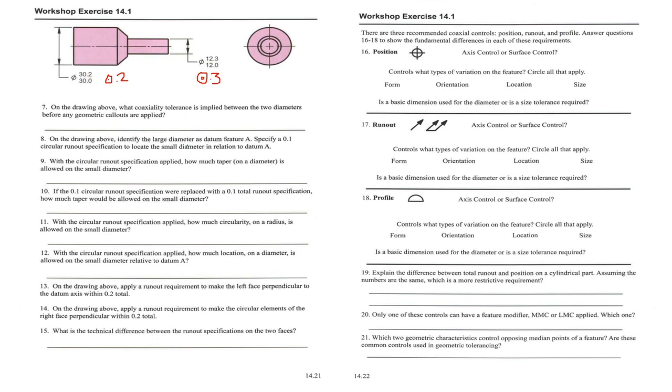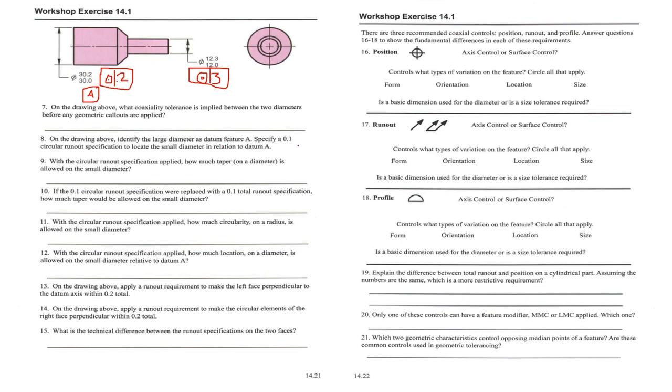Then the next, the large diameter as datum A. So for this, I can say this concentricity of 0.2. This is my datum A, the large diameter A, and on this side we have to show the runout.